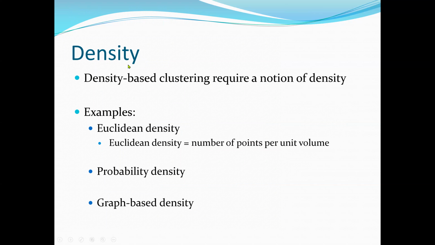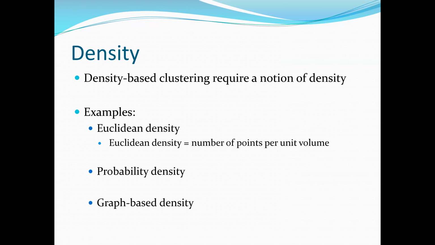Next is the concept of density. We have a density algorithm in clustering, and we will go into more detail on density there. Here we say density is based on the clustering algorithm, which requires the notion of density. An example is Euclidean density, which is the number of points per unit volume.